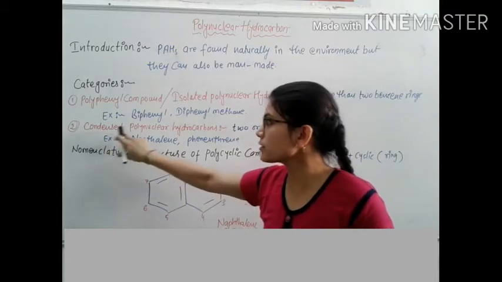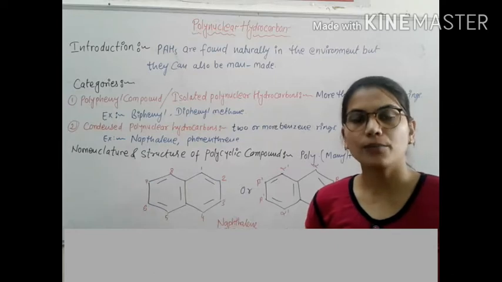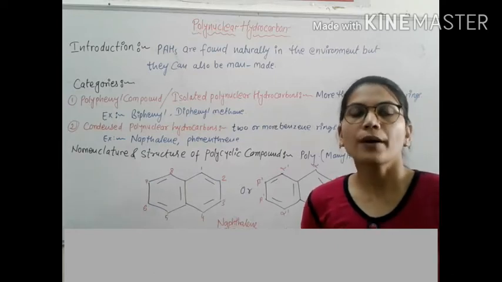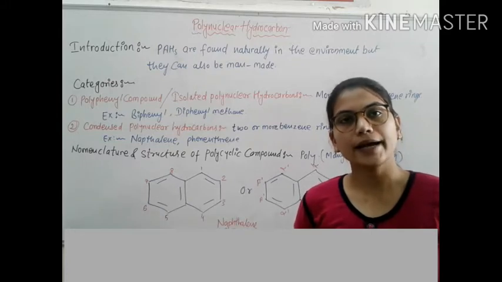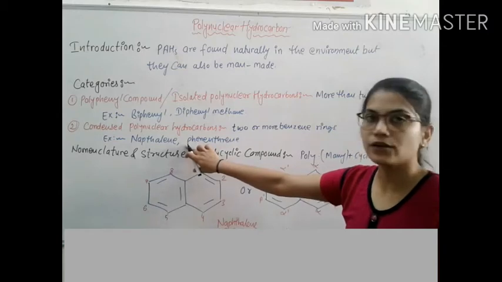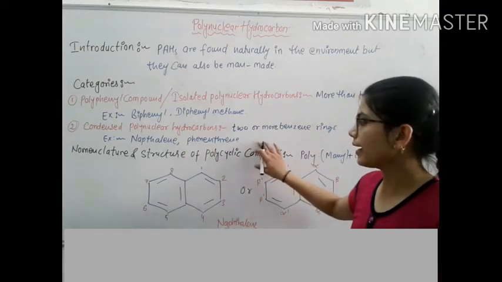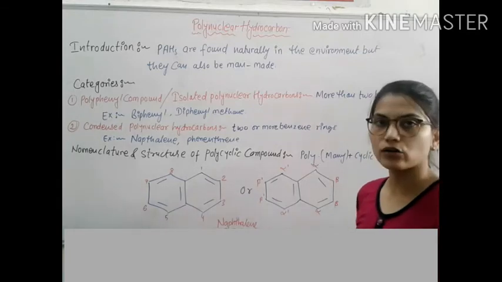Second is condensed polynuclear hydrocarbon. These are compounds in which two or more benzene rings are united together at ortho position. Examples are naphthalene, phenanthrene and anthracene.